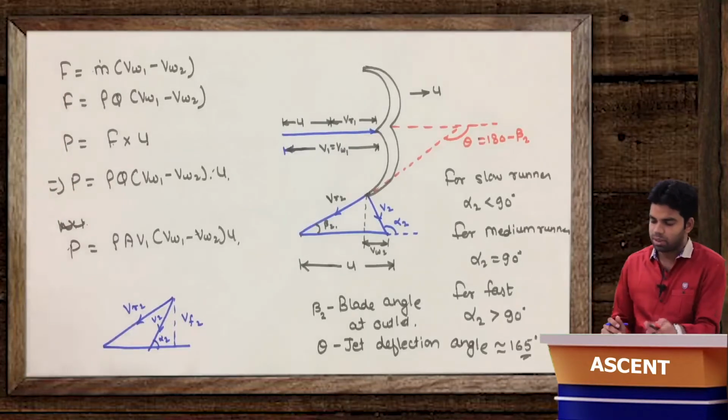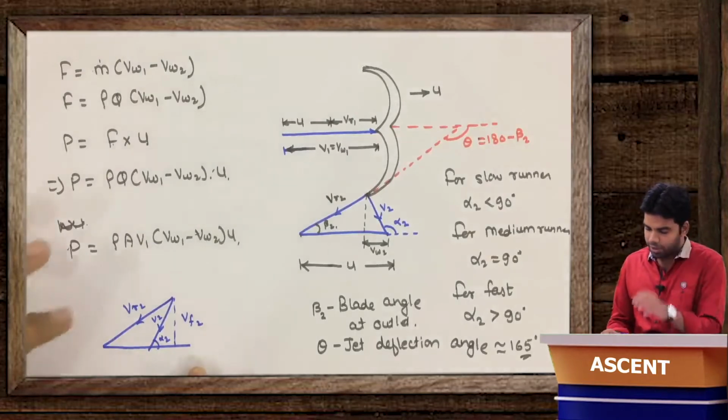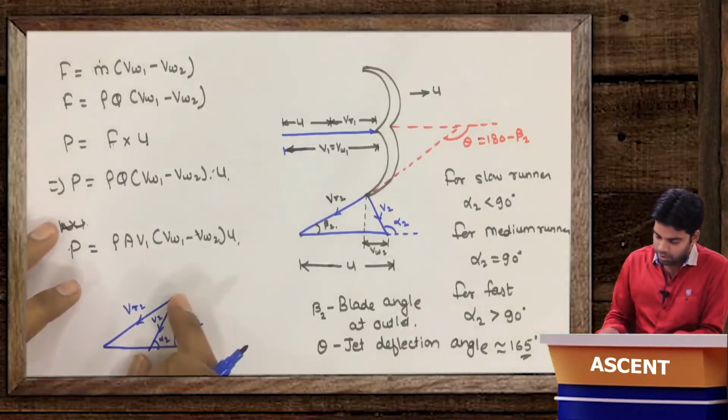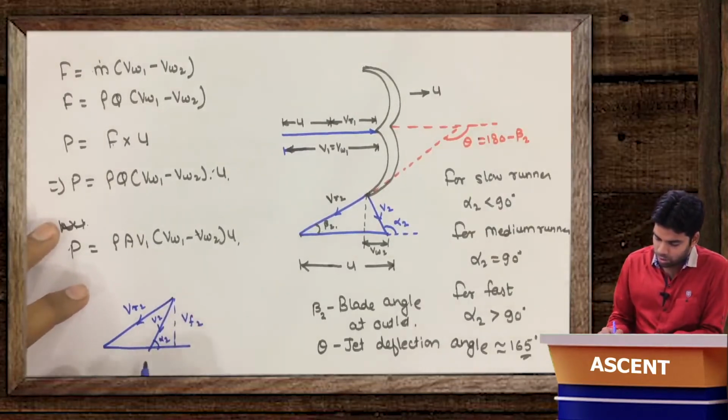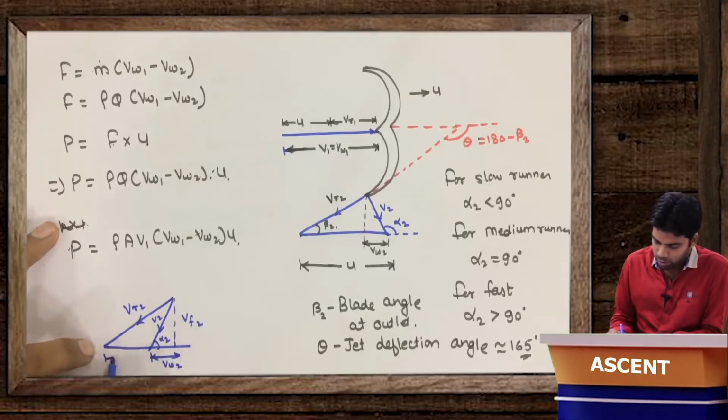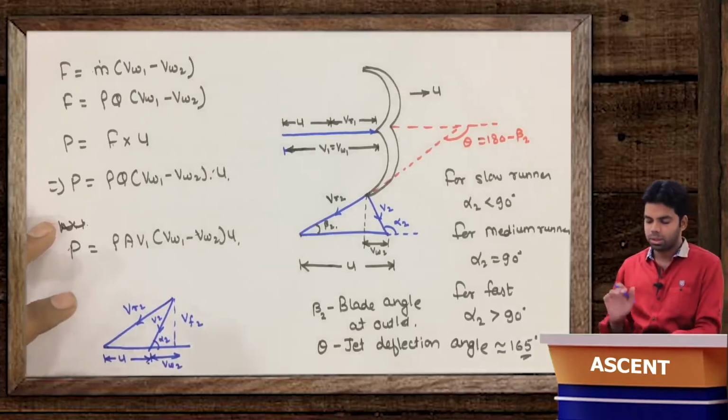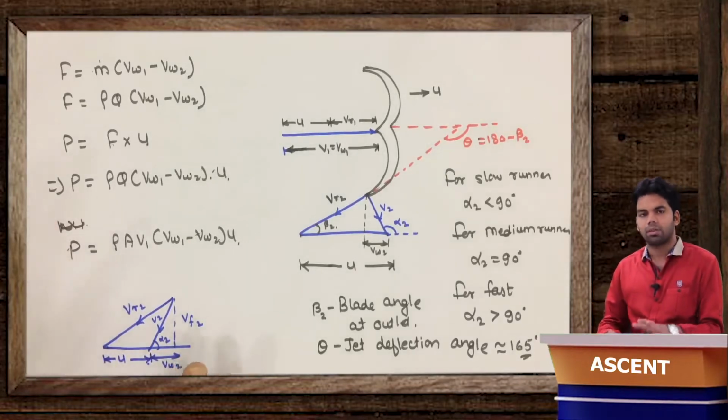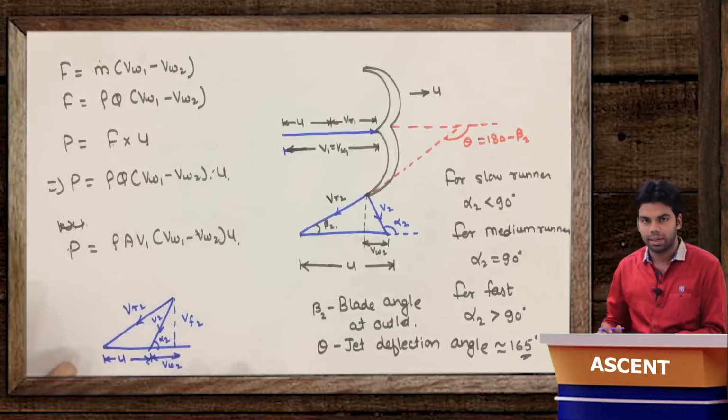That means alpha 2 is less than 90 degree. The component of V2 in horizontal direction is VW2, and the distance between VR2 and V2 is U. So this would be the velocity triangle if alpha 2 is less than 90 degree.